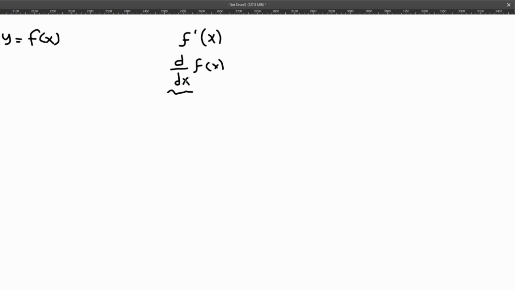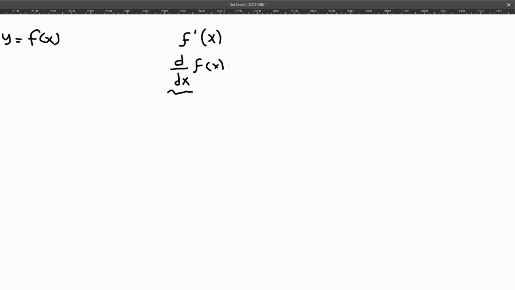Now this right here is the derivative operator. It's written as d over dx, and we apply it to a function f of x, which denotes the derivative of our function. Sometimes we use a shorthand to write this as df over dx, which essentially means the same thing. I don't think you're going to be seeing this a lot.